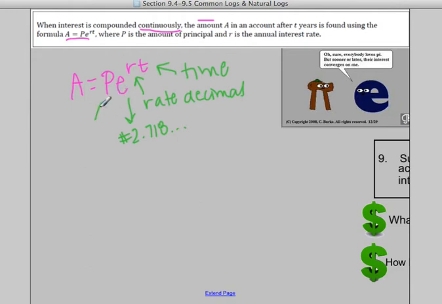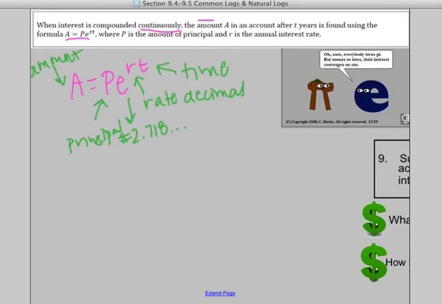P is the principal, or the amount you start with. And A is the amount after the time, what you have after t years. One way that I remember this formula is, notice how it says PERT. When it's continuous, you're going to use the PERT formula.